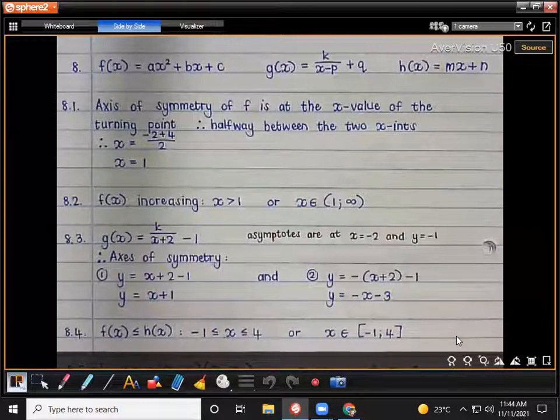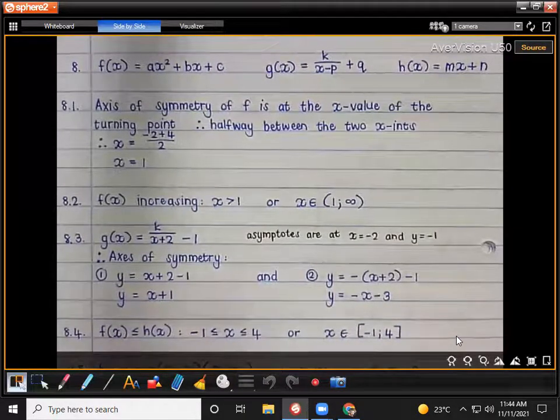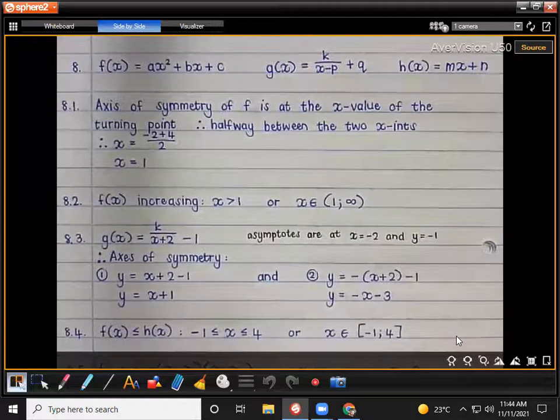All right, for 8.2, they were asking where is the parabola increasing? So that's literally where it's going up, right? So the turning point was at 1, that is here, and the parabola looked like this.